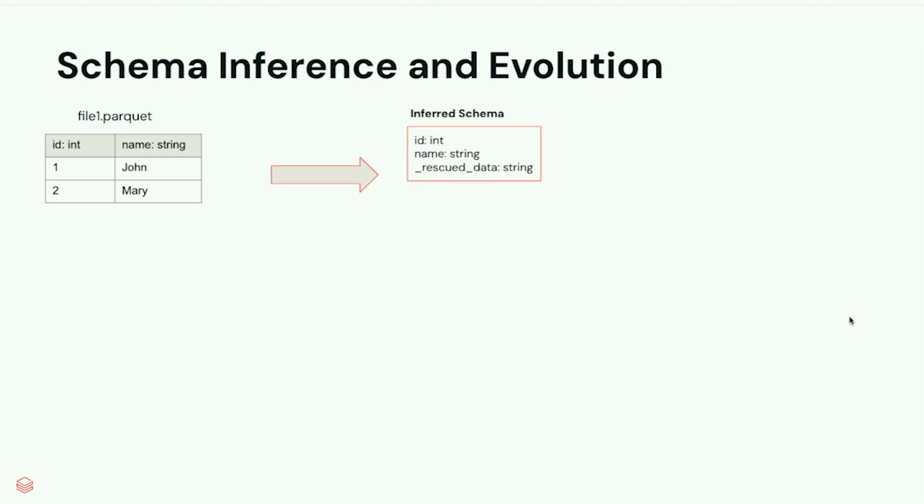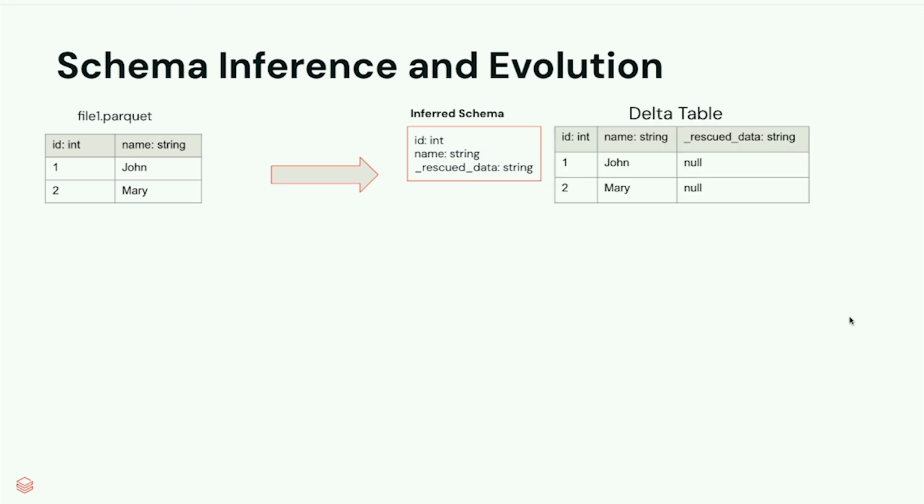Autoloader will infer the schema when ingesting this file, and then add a special column called rescued data. The purpose of the rescued data column is to store the values of a particular field that doesn't conform to the previously inferred schema. So in this case, that file gets ingested as normal, and the rescued data is null.